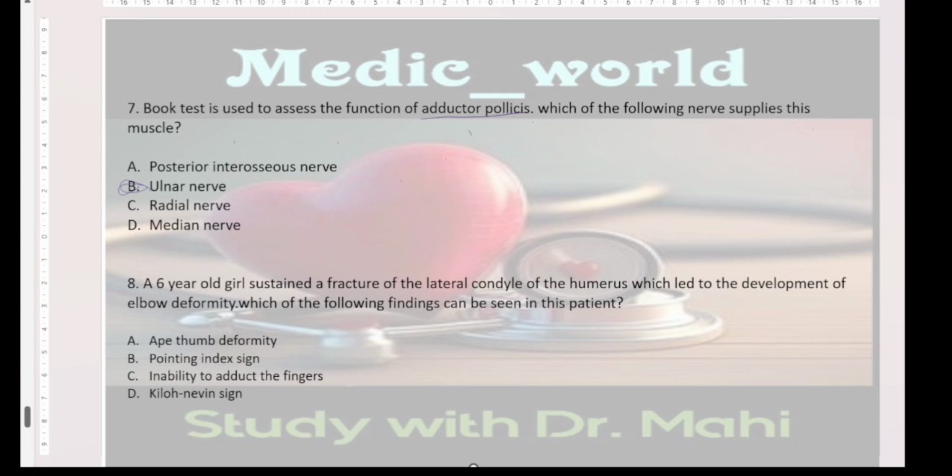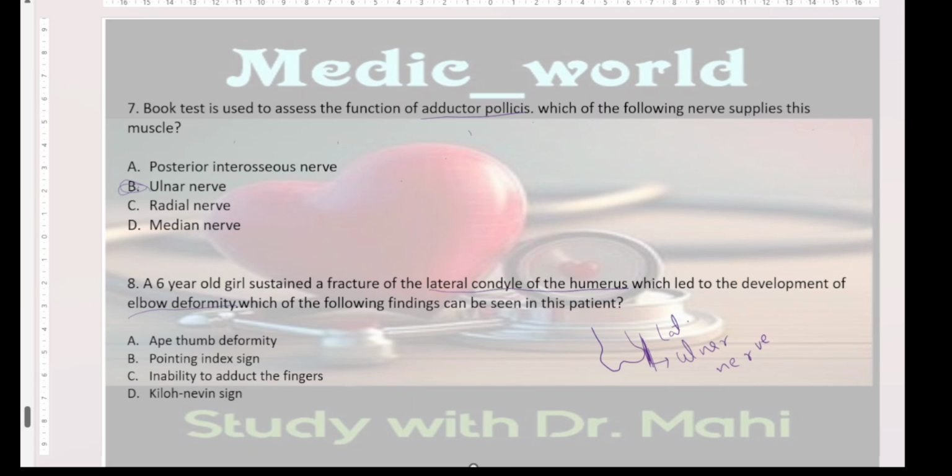A 6-year-old girl sustained a fracture of lateral condyle of the humerus, which led to the development of elbow deformity. Which of the following findings can be seen in this patient? Here we can see that there is the injury of lateral condyle of the humerus, if this is the lateral side. So we all know that behind the lateral condyle of humerus, there is a nerve passing. That is the ulnar nerve. Okay.